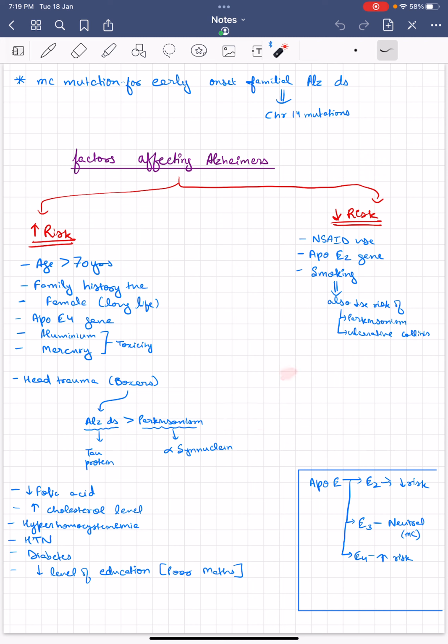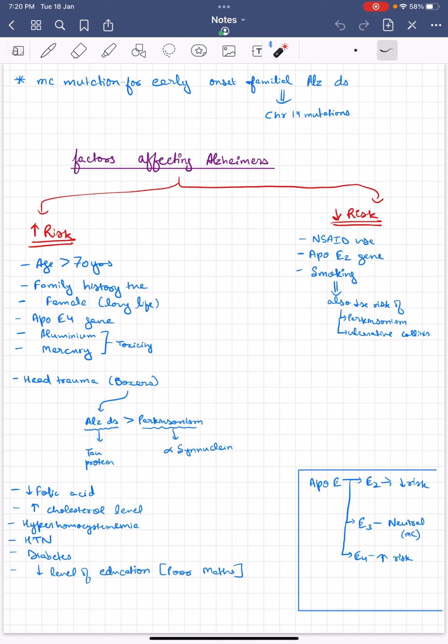I don't remember what the age was. Familial history was present in patients. Females, because they have a longer lifespan. Aluminum and mercury toxicity, head trauma. Alzheimer's disease leads to increased tau protein, and Parkinsonism leads to synuclein increase.